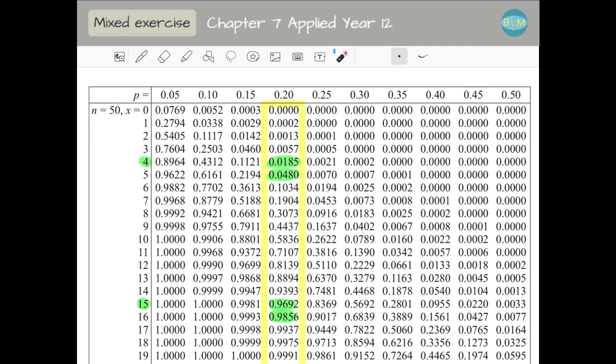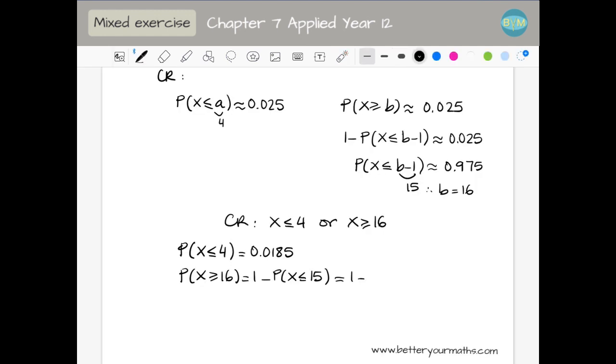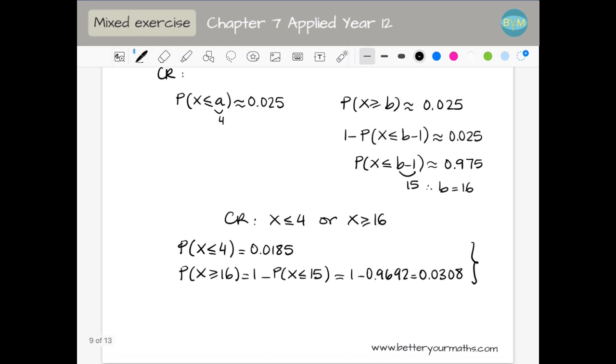0.9692, which is 0.0308. So both together, the probability of falling in the critical region is this one or this one, so we are adding them together.